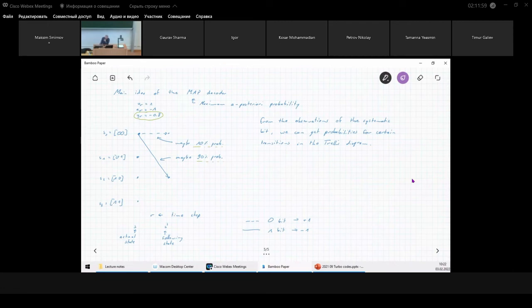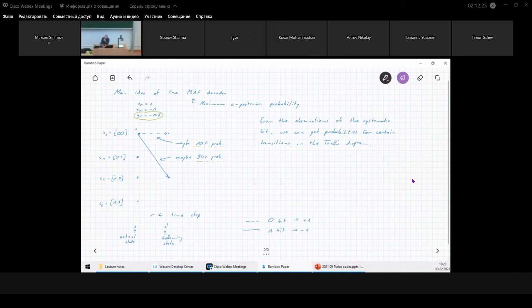And notice this will give us a chance to get probabilities to reach certain states in the trellis diagram. For example, we start with a 0 state, so having the shift register initialized with zeros. In the first time step, we know like for 100% probability, we will start at the 0 state. So probability 1 here.